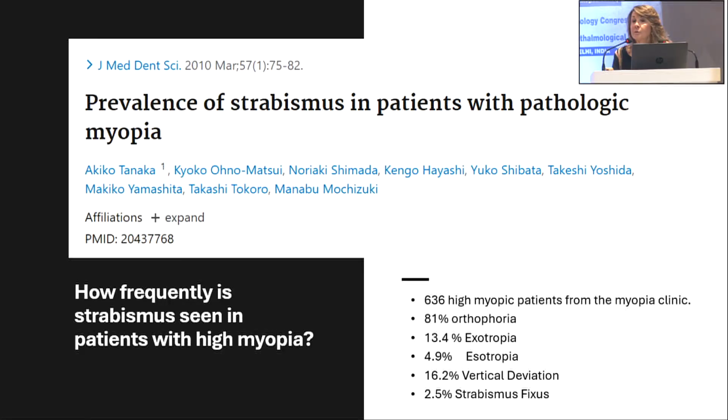And they found that almost 20% of their patients suffered of strabismus. Of course, because it's done in Asia, in Japan, most of them were exotropic, which is not our situation in the Western Hemisphere, and almost 5% were esotropic. 16% of these patients also had vertical deviation, and in 2.5% of their cases, they found of strabismus fixus form.